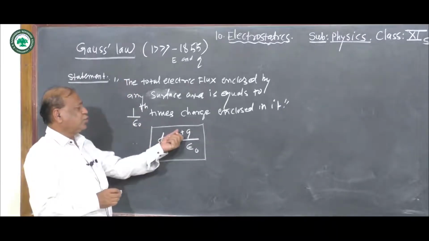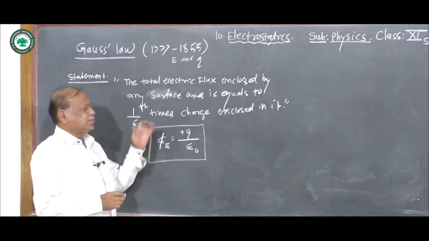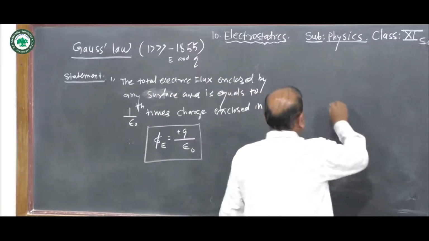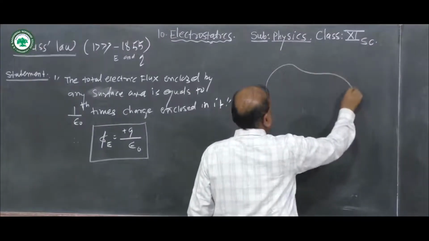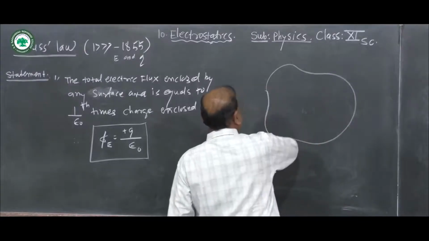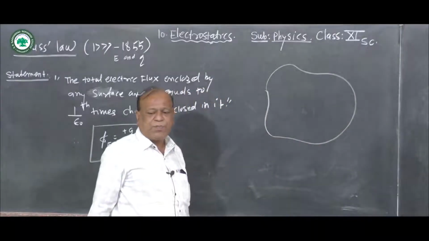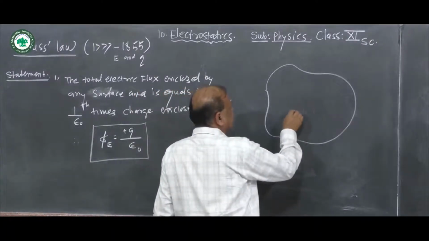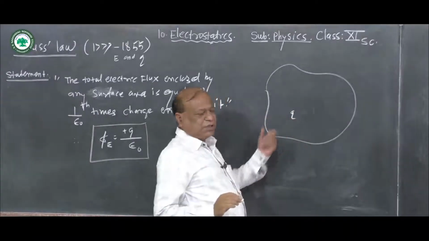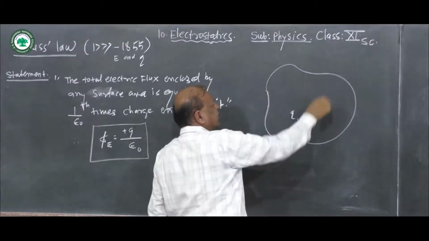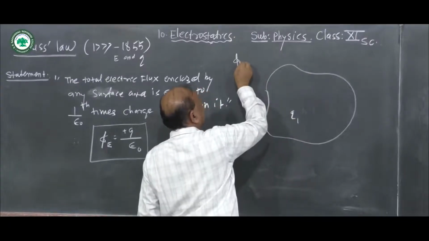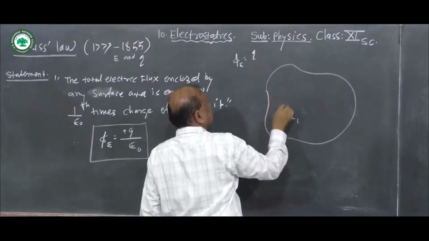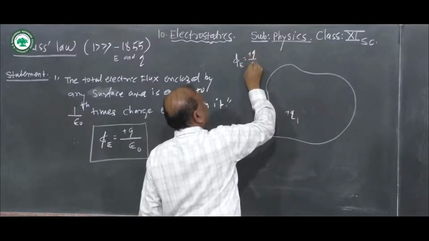We explain this: consider a surface area of any shape. Suppose there is a charge Q1 in that enclosed surface. At that time the electric flux is equal to the charge plus Q divided by epsilon 0.